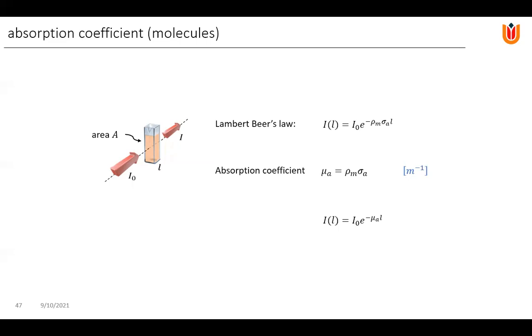See how much goes through. So typically what would you measure? It's a stupid question, but I and I0, of course. That's what you put in, what you get out, and you would also need to know L. But in principle, if you would know these three, you could determine mu A.